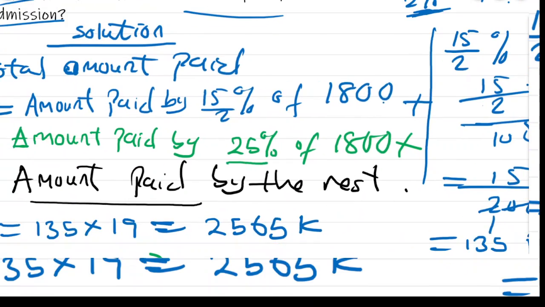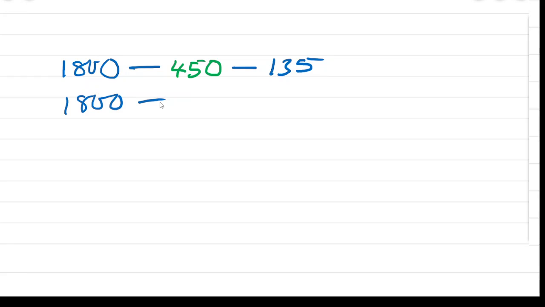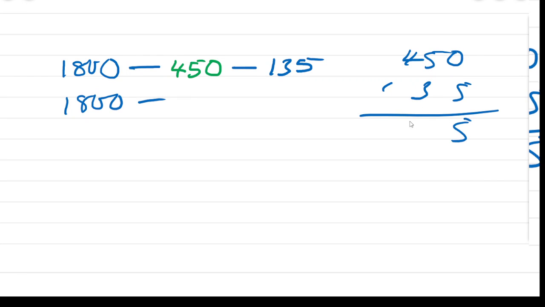But first of all, the total population we are given was 1,800, and then we have to subtract those that paid 450, the green people, and we still subtract those that paid 135, the blue people. So 450 plus 135 is 585.